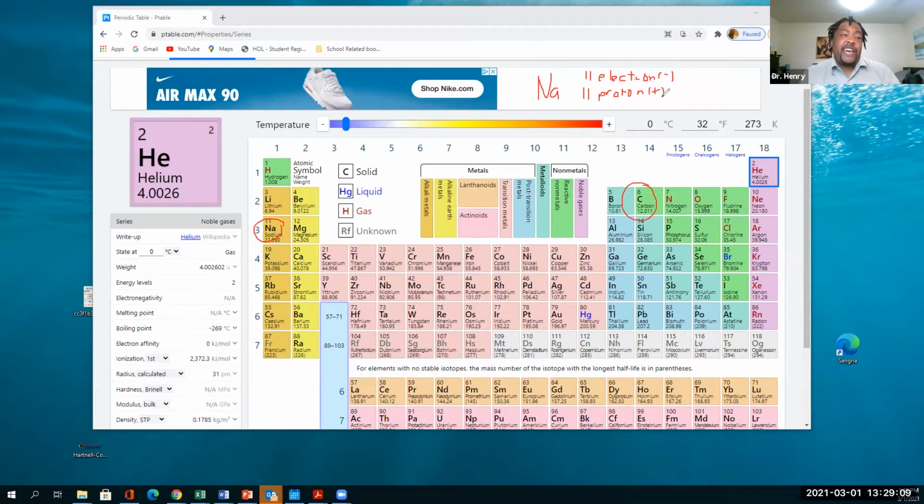Okay, so if I have 11 plus charges and I have 11 minus charges and I put them all together, what is my overall charge? 11 plus 11 minus is going to equal 0, right?